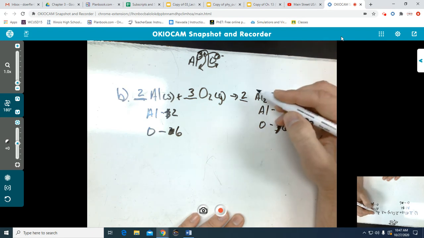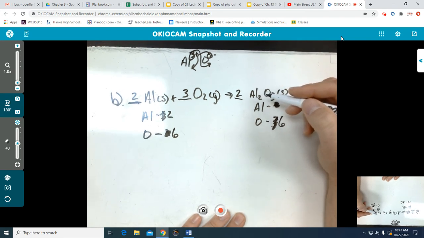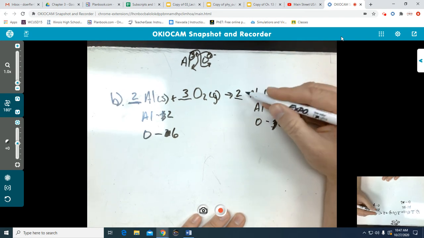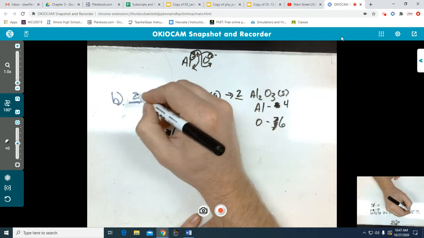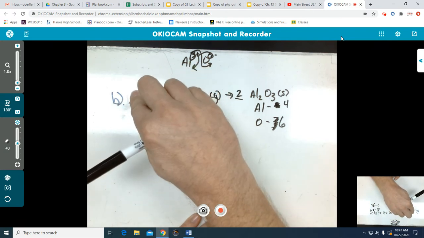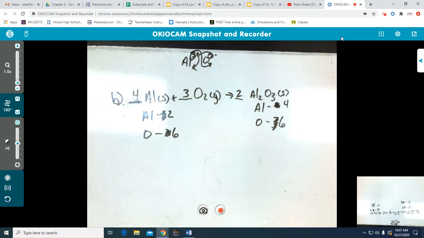But I also changed the total amount of aluminum on the product side. So now I have 2 times 2, 4 aluminum on the product side, which means I now have to match that on the reactant side, and I have to have 4 aluminums there, a coefficient of 4 placed there.